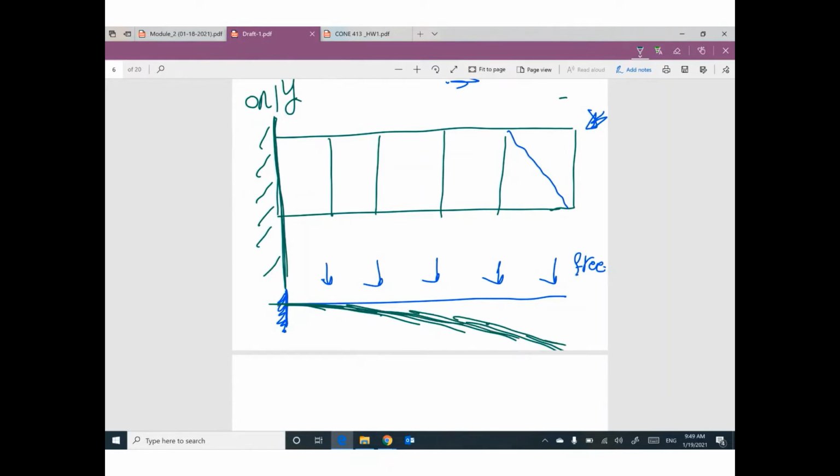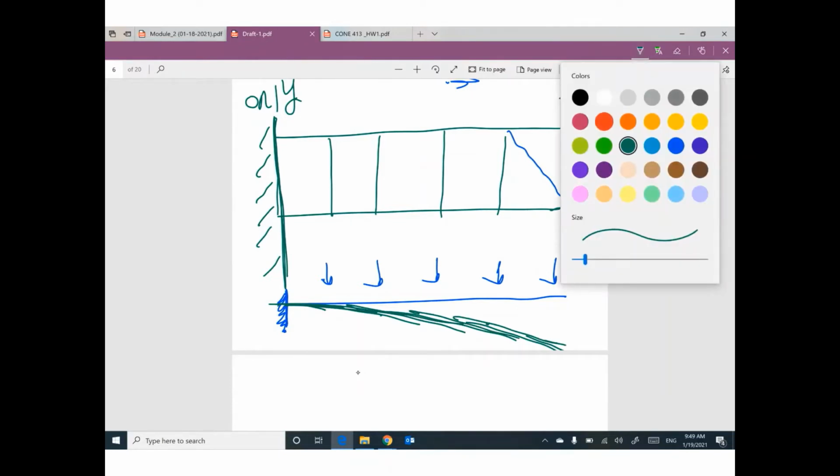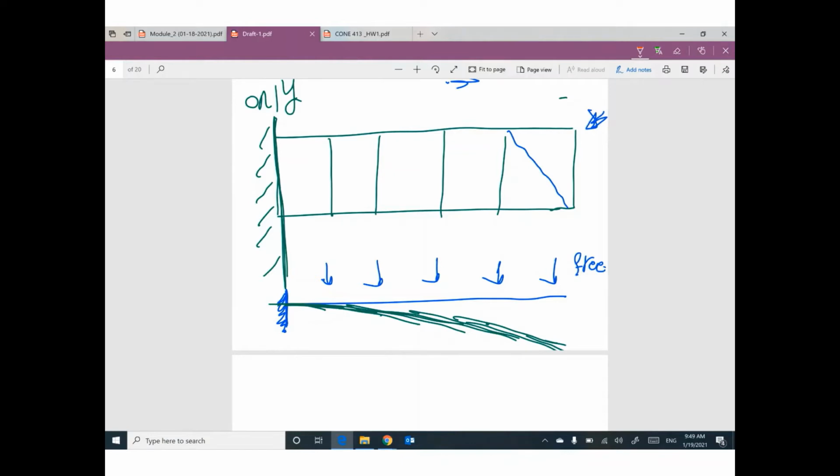You agree? Your diagonal will be tangent to this curve. If you draw tangents, I believe your diagonals will be like this. This is the best orientation for diagonals.